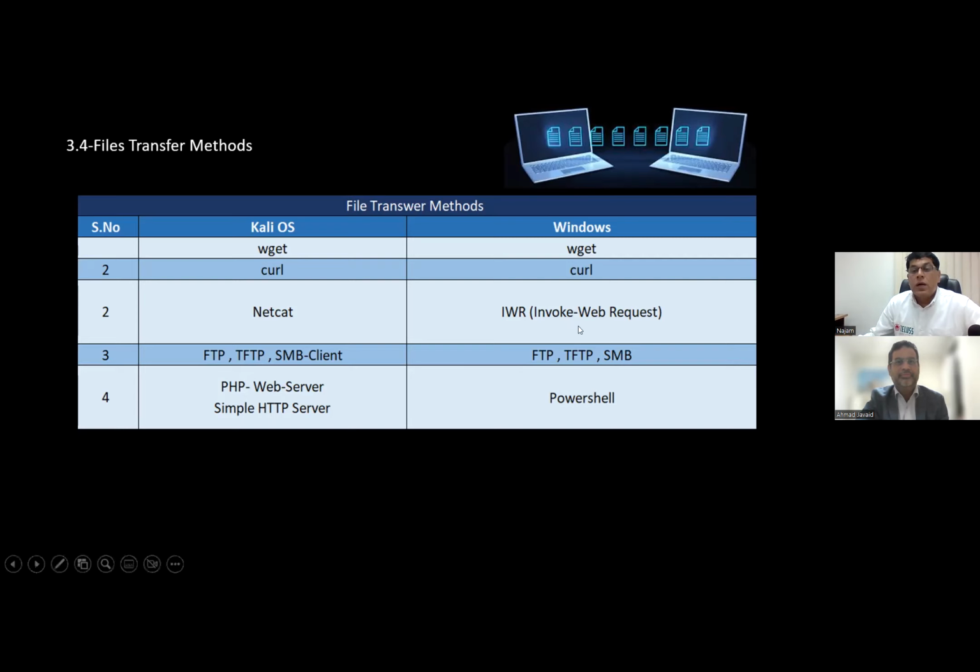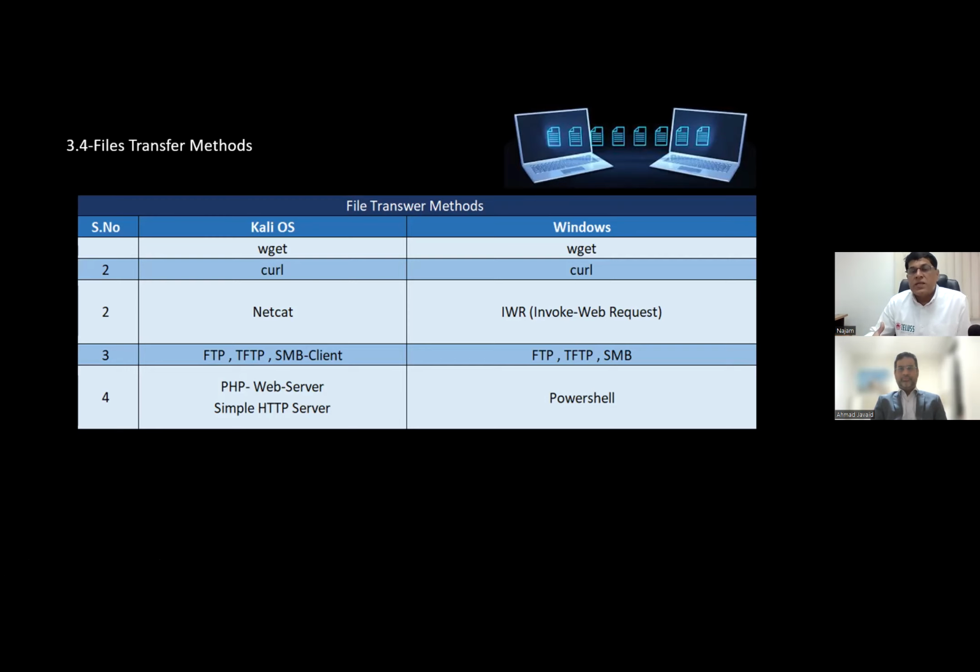like IWR commands and PowerShell commands. When we transfer a file, let me explain one thing. Sometimes we get an initial shell in Windows, but we are unable to run some PowerShell commands because we don't have enough privileges.